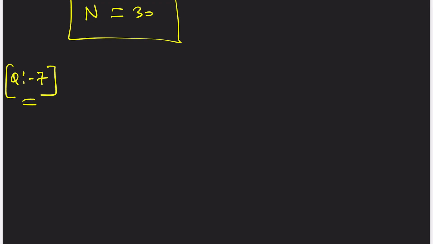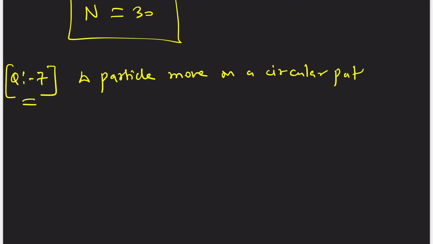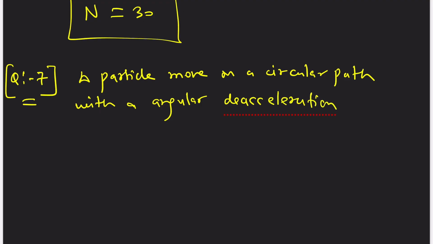A particle moves on a circular path with an angular deceleration, with the angular deceleration beta, that is directly proportional to omega.